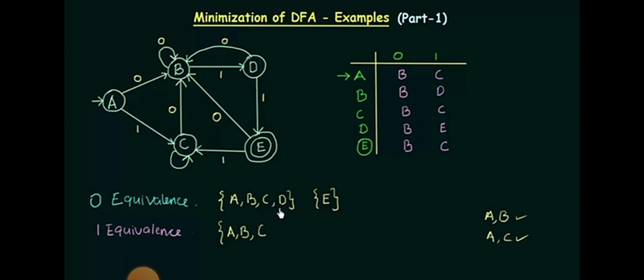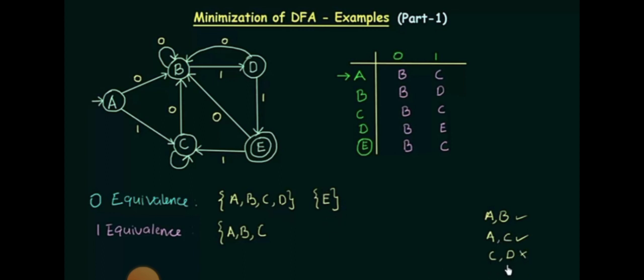And after that, let's check if D is in the same set. D, when getting the input of 0, goes to B, and A, B, C, when getting the input of 0, also go to B. D, when getting the input of 1, goes to E, while the others go to C or D. So they are not in the same set.